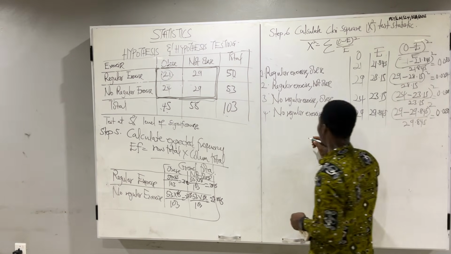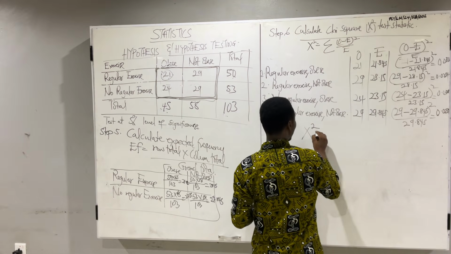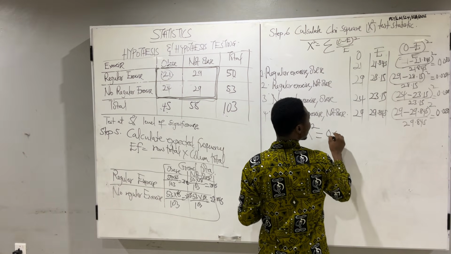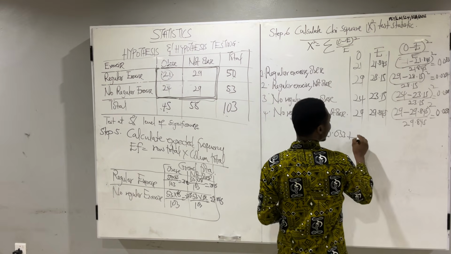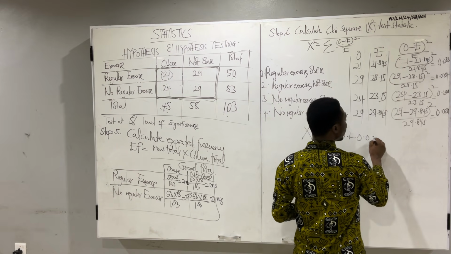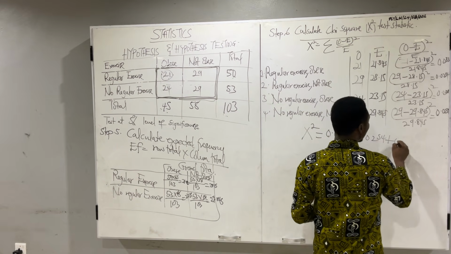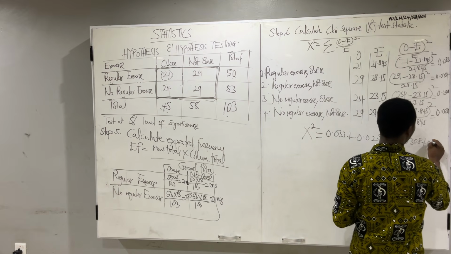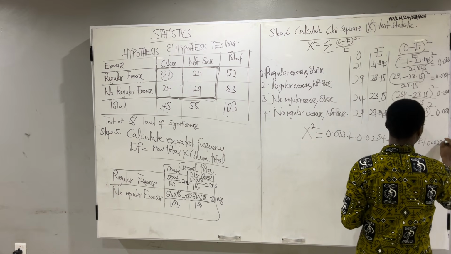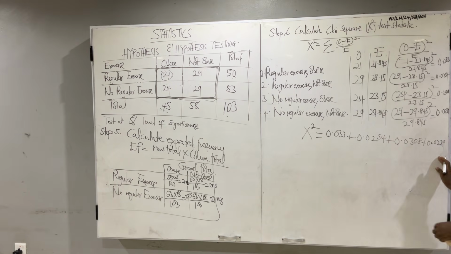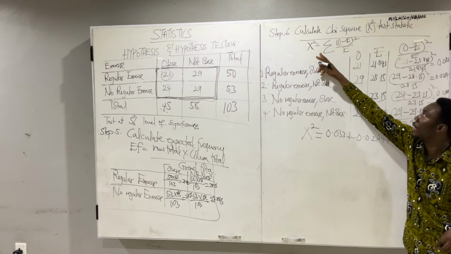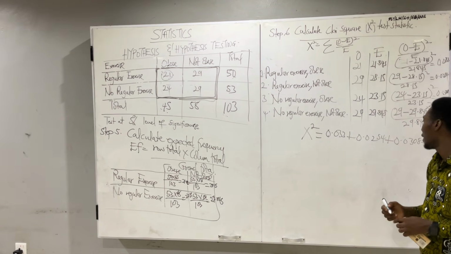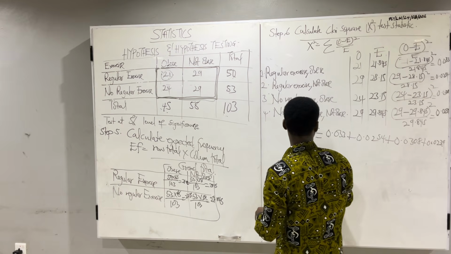So you write capital S squared is equal to 0.033 plus 0.0254 plus 0.0308 plus 0.0239. You sum all the figures you've gotten here, then you get the capital S squared, which you stated as the formula. So in the end, what are we going to get?